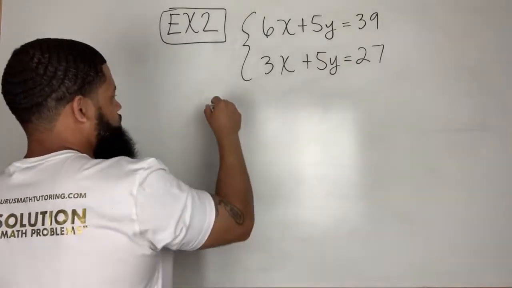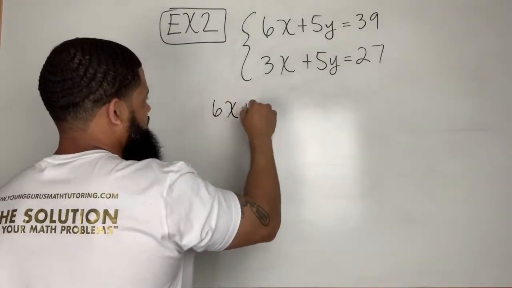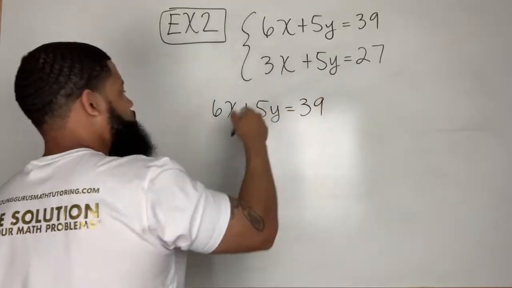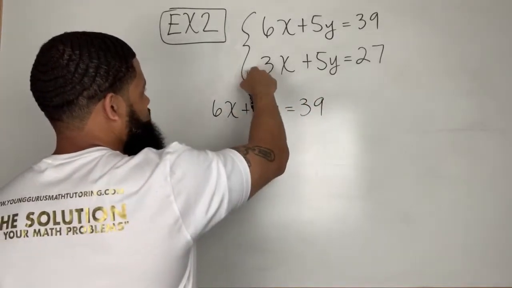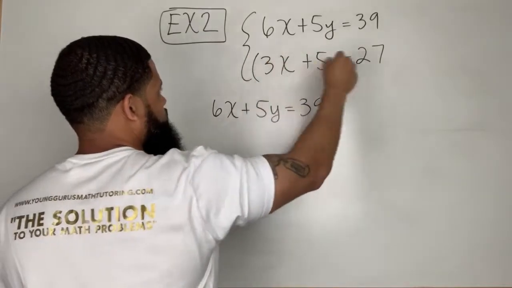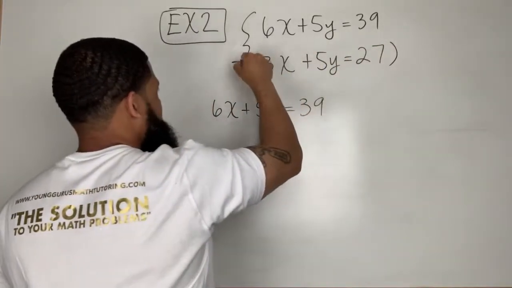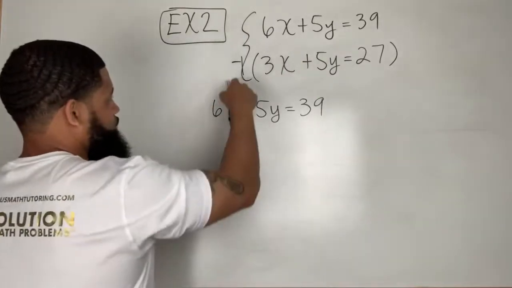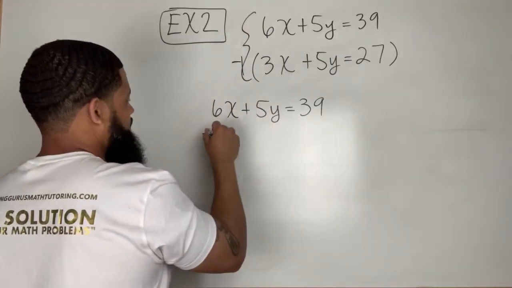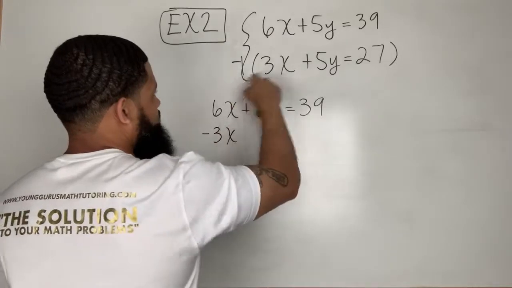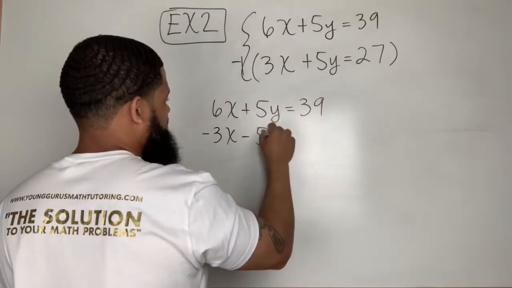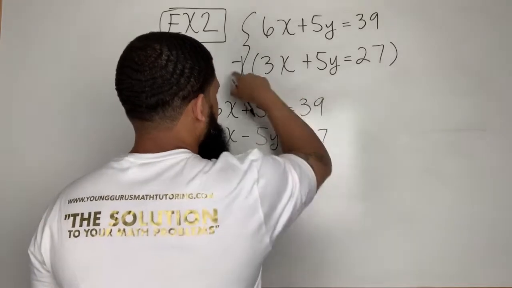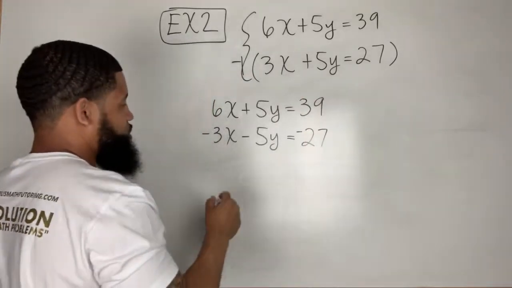So I want to take the first one, 6x plus 5y equals 39. And then I want to multiply this entire second equation, I'm sorry, not by 0, by negative 1. Negative 1 times 3x is negative 3x. Negative 1 times 5y is negative 5y. Negative 1 times 27 is negative 27.